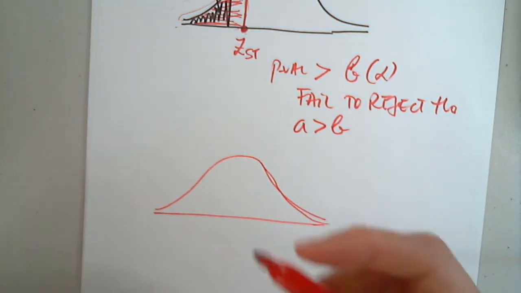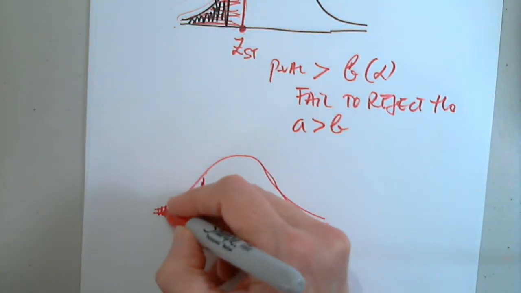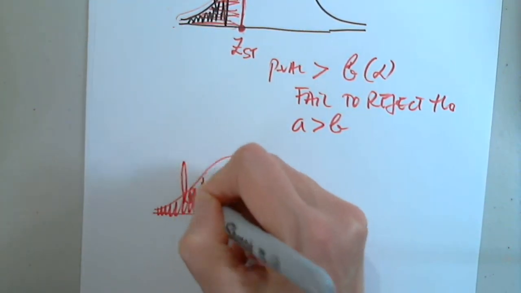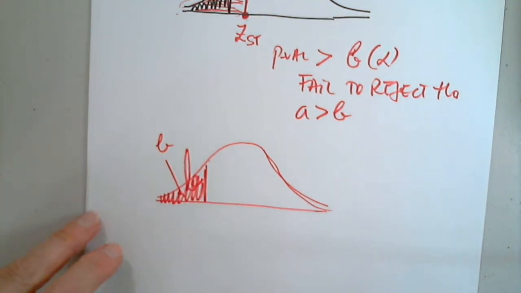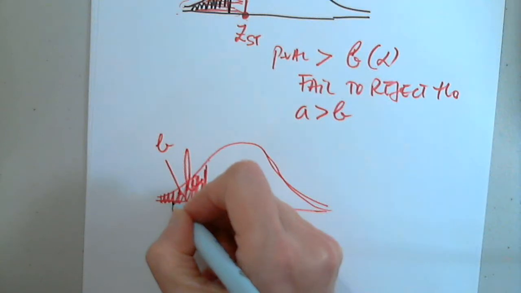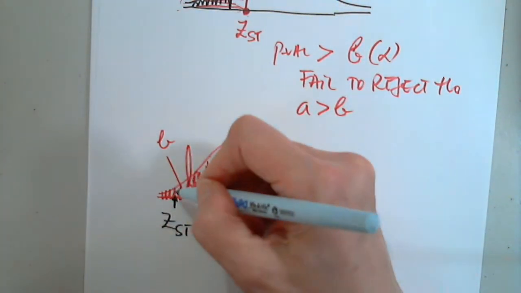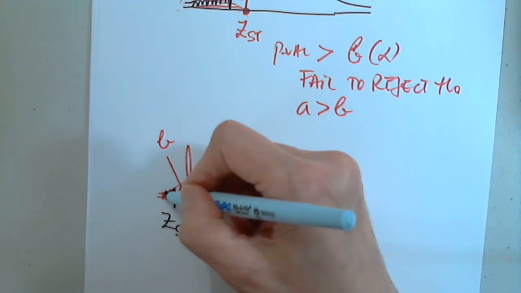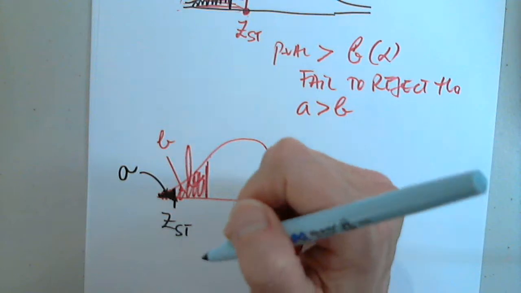Okay, so let's say this, same thing. I have B. This is B. But now the test statistic falls somewhere here. I'm going to put a z statistic here. Look what happens to the p-value. This becomes the A, the p-value.